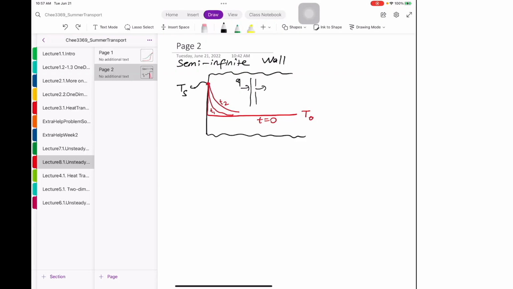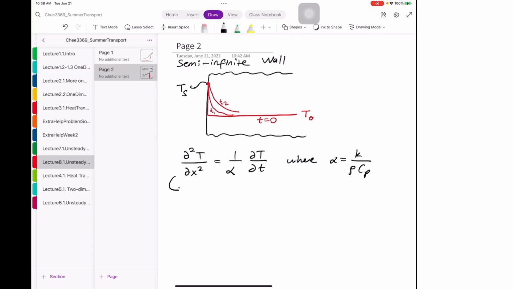Because I already did it for the slab, and I'm pretty sure that I'm going to get exactly the same partial differential equation: del squared T over del x squared is equal to 1 over alpha del T over del t, where alpha is thermal diffusivity, which is k over rho Cp. k solid, rho solid, Cp solid. If this is Earth, k is the thermal conductivity of the Earth, rho is the density of the Earth, Cp is the heat capacity of the Earth, and so on.